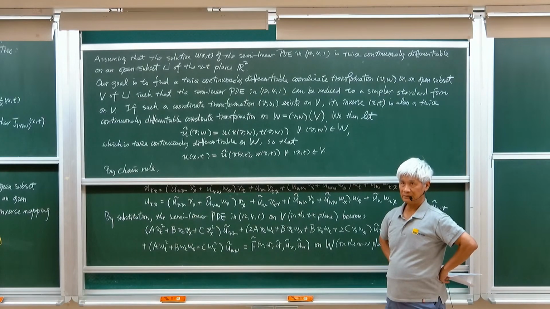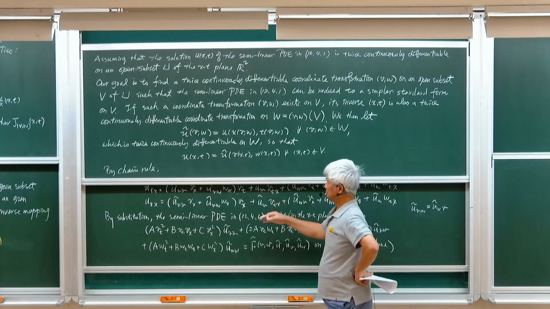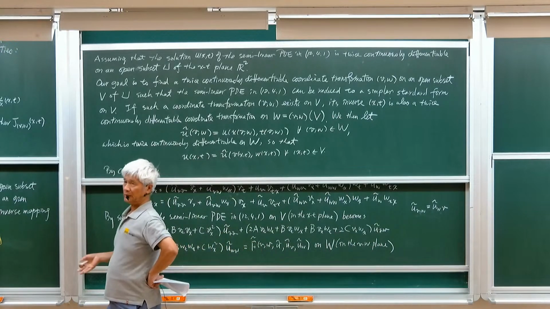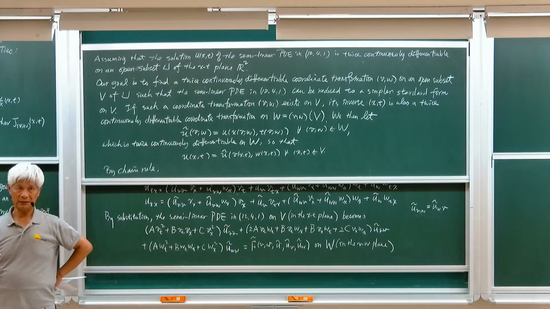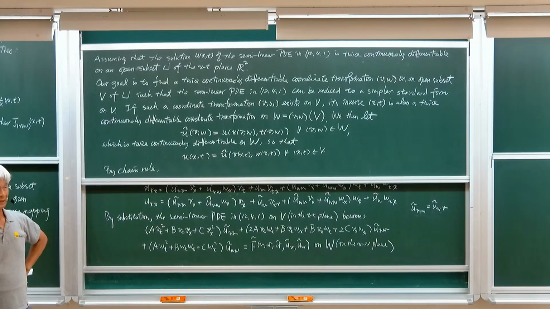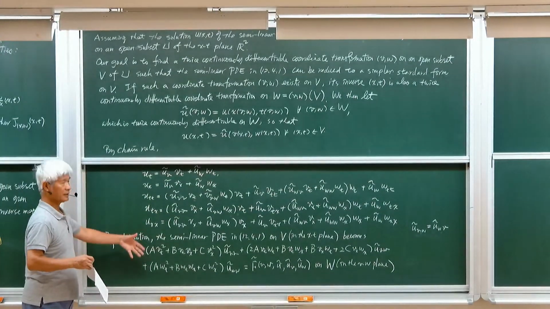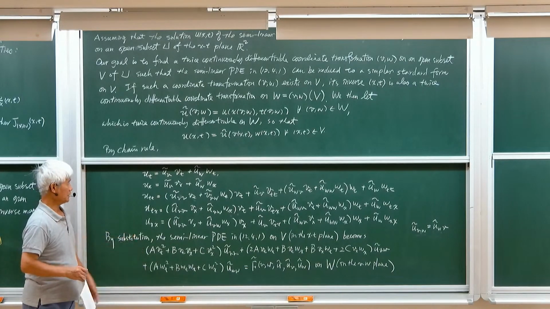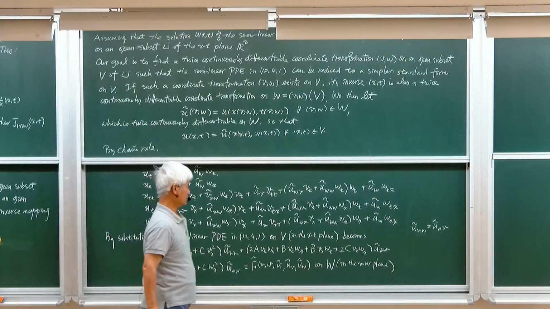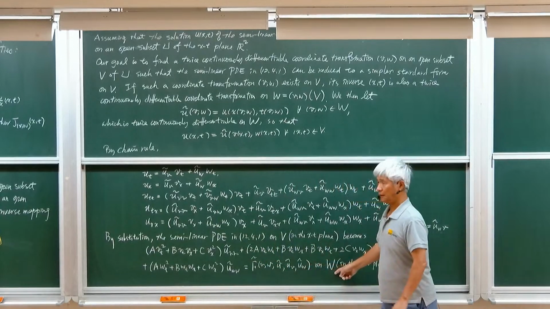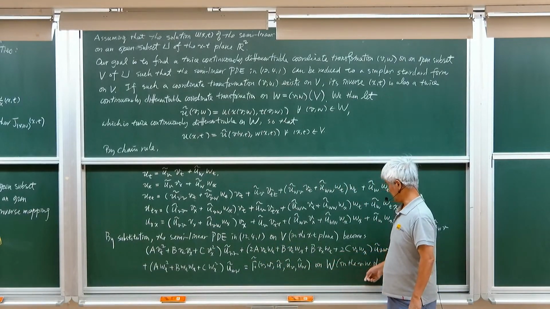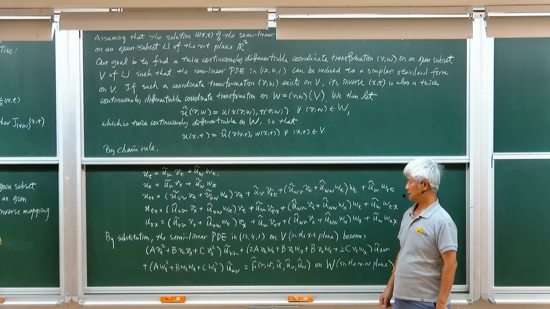Okay, so in the xt plane we have the semilinear PDE. Now, after coordinate transformation, we have another semilinear PDE on W. And W is just an open set in the VW plane.